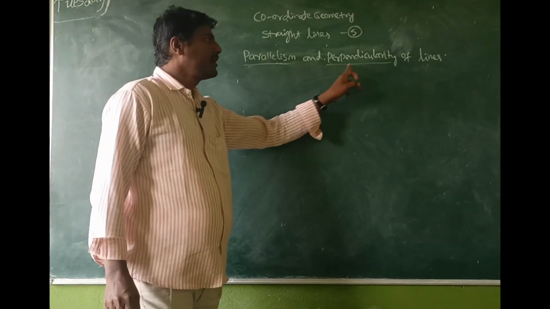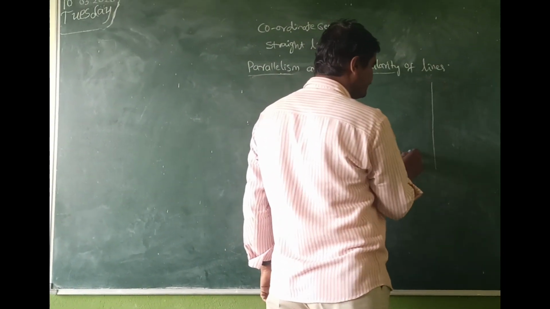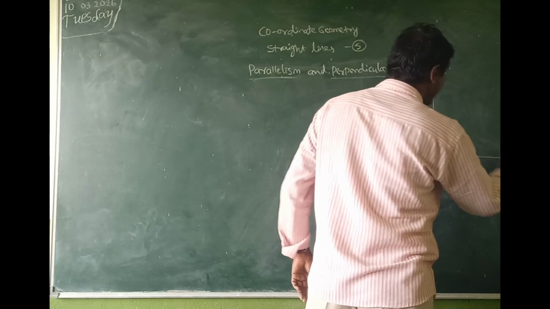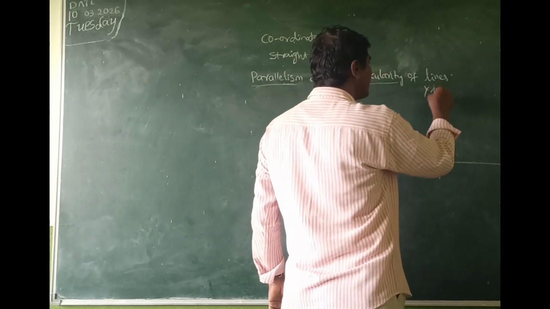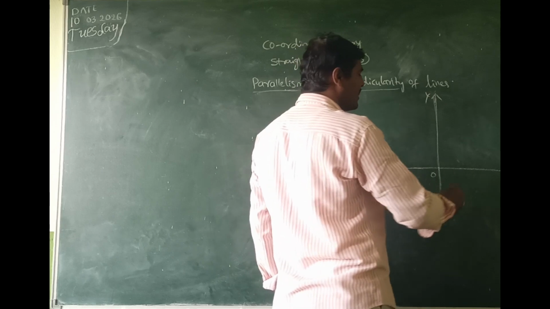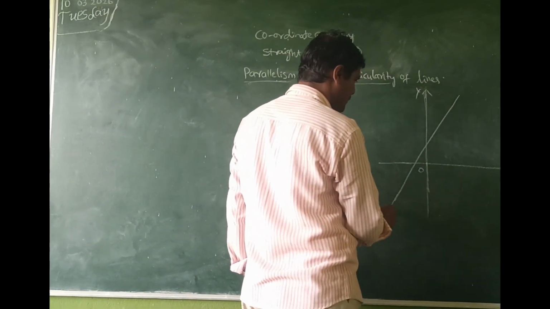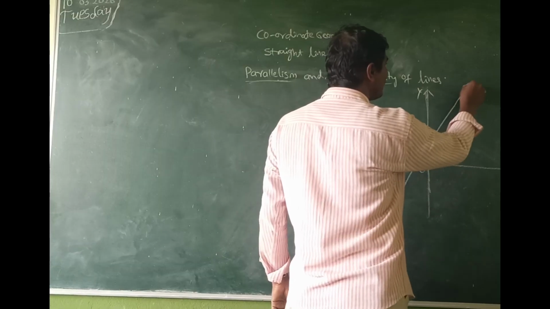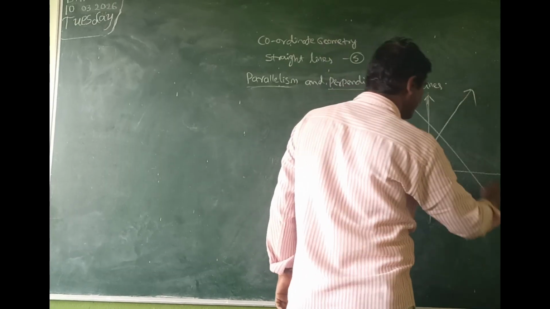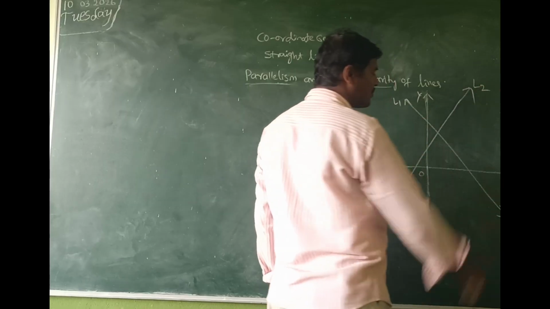So now, perpendicularity of lines. In this coordinate system, we draw two lines like that. This is L1, this is L2.